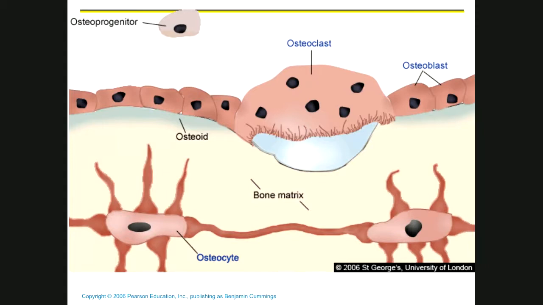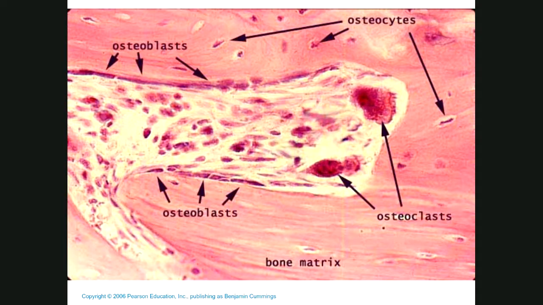And again, here's what that endosteum looks like, because it's this osteogenic layer. So there's our osteoblasts and there's our osteoclasts. So look at this. This is bone out here, and here is our endosteum right here.